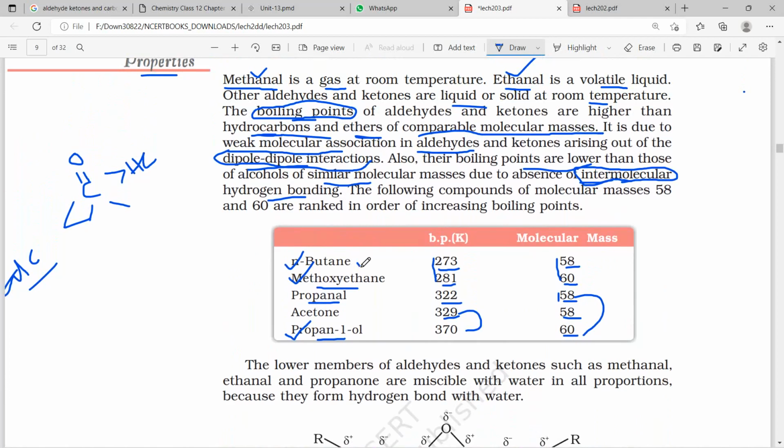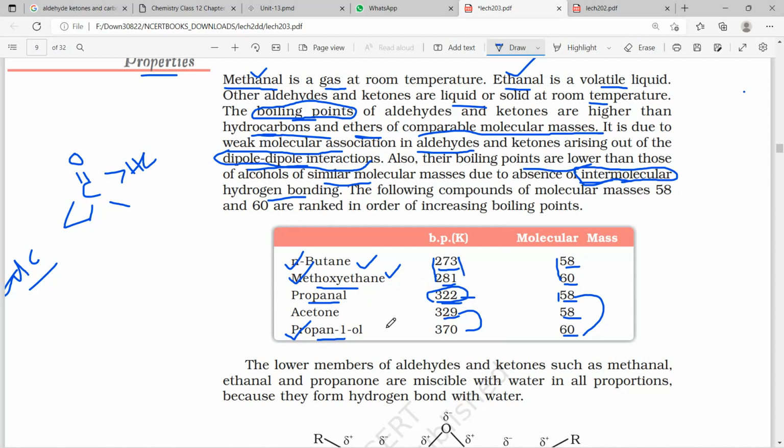Again, the hydrocarbons and ethers have lower boiling points than the aldehyde, or the aldehyde has a higher boiling point than the hydrocarbon and ether due to the dipole-dipole interactions and other reasons.